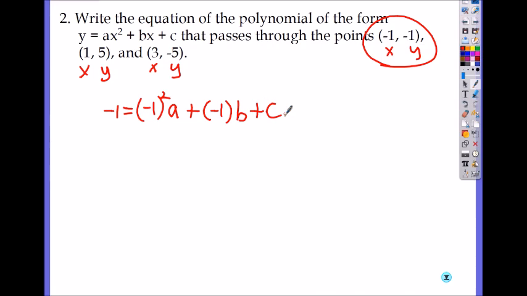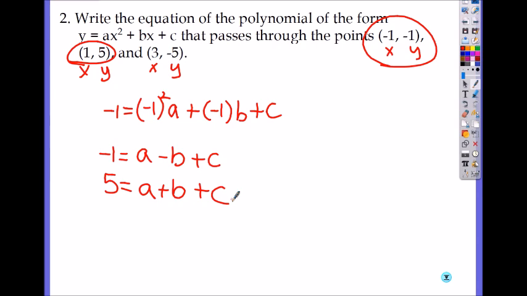So -1 equals, what's -1 squared? 1. So just a minus b plus c, right? -1 times b is -b. So I got one equation. Now let's plug in 1 and 5. So 5 equals 1 squared times a, which is a, plus b times 1, which is b, plus c.